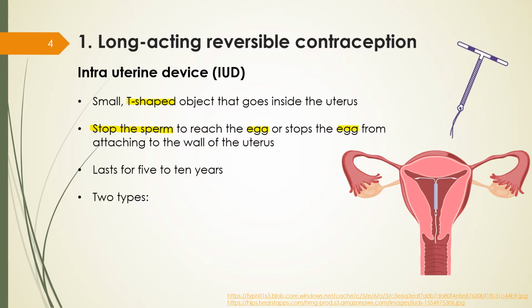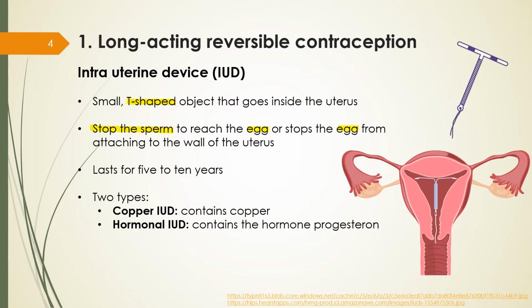There are two types: copper IUD that has copper, and hormonal IUD that contains the hormone progesterone. Some women cannot have hormones, so if they ingest some hormone, it doesn't feel well for them, or they prefer not to have it, so they use this copper IUD that just contains copper.